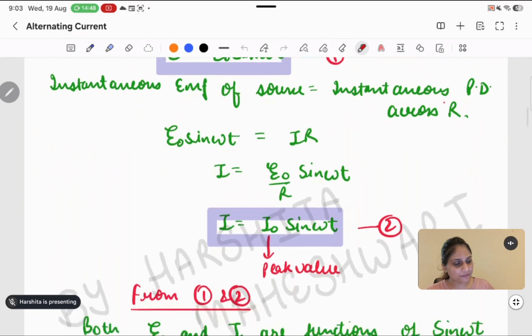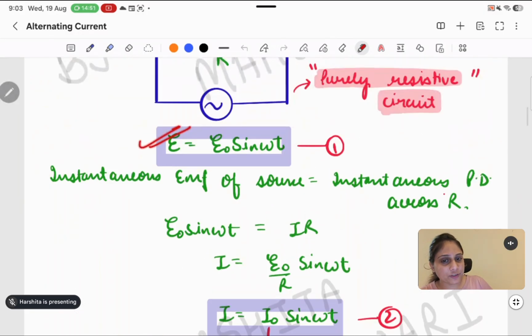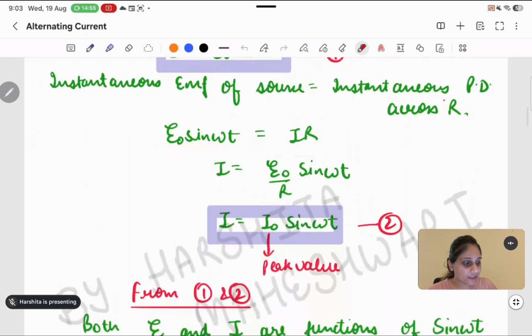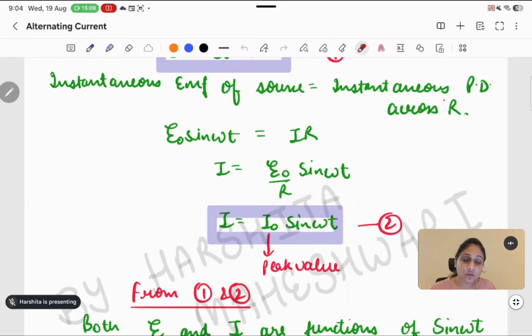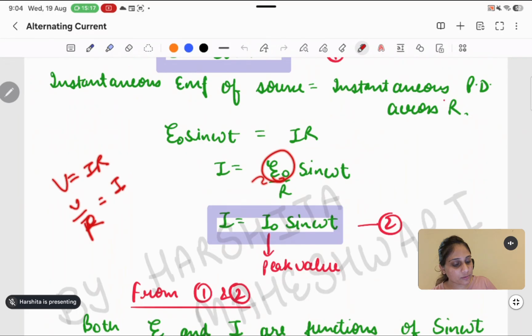So we have E is equal to E naught sin omega t, which is equal to IR, right? Now we can leave this I at a particular place and bring this R to the denominator. So it will be E naught by R sin omega t is equal to I. Now we know by Ohm's law that V is equal to IR, so V upon R is equal to I. And this E naught is also a kind of V only.